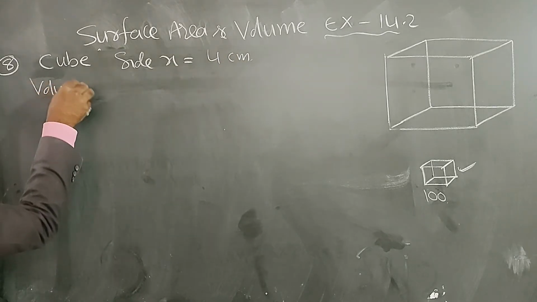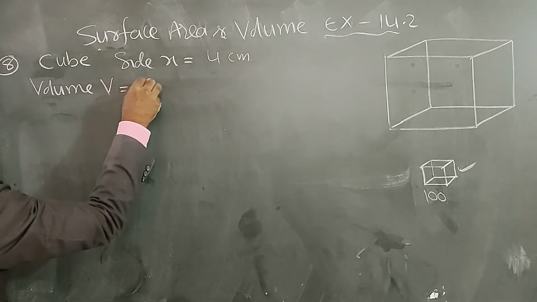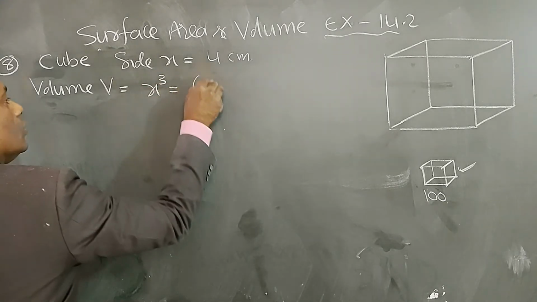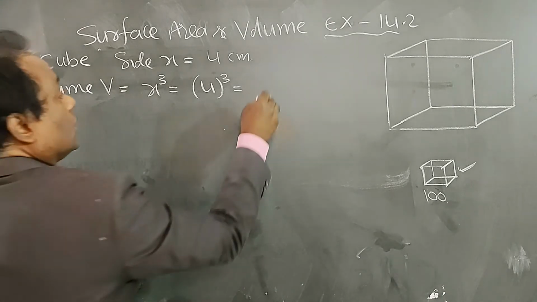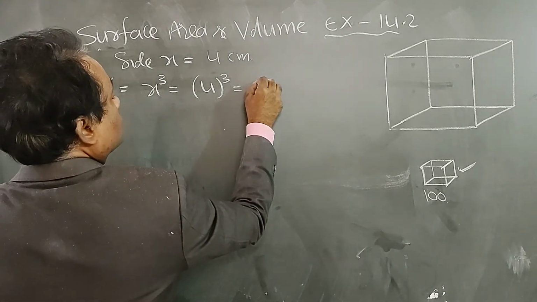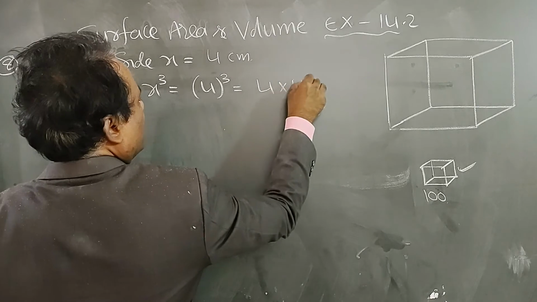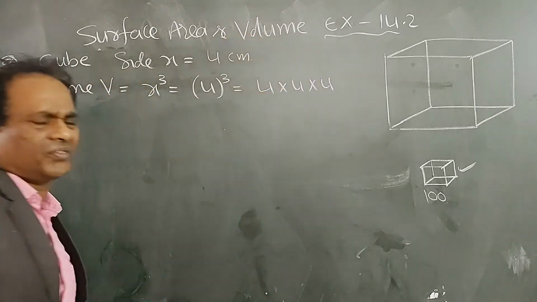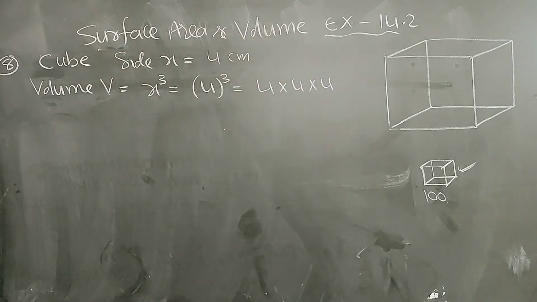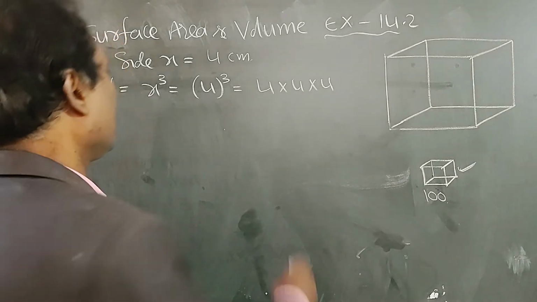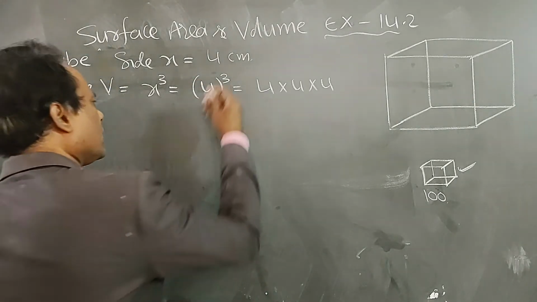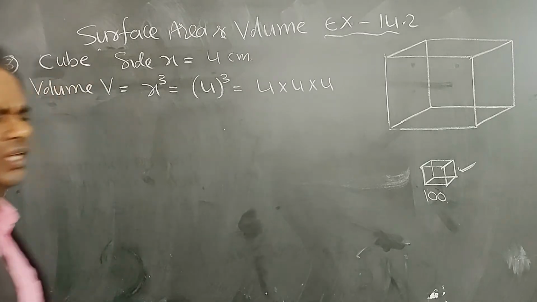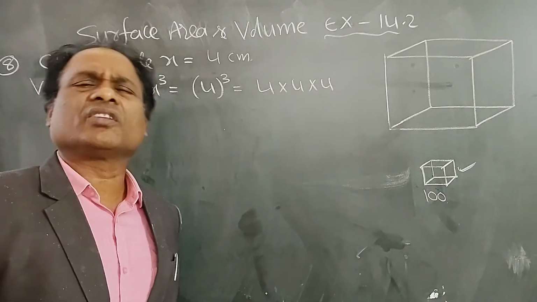Volume V is equal to x cube. 4 cube is 4 into 4 into 4. Write 4 into 4 into 4 only; we will cancel afterwards. Volume is x cube, which means 4 cube. 4 cube is 4 into 4 into 4. Or you can write 4 into 16, or 64 also.